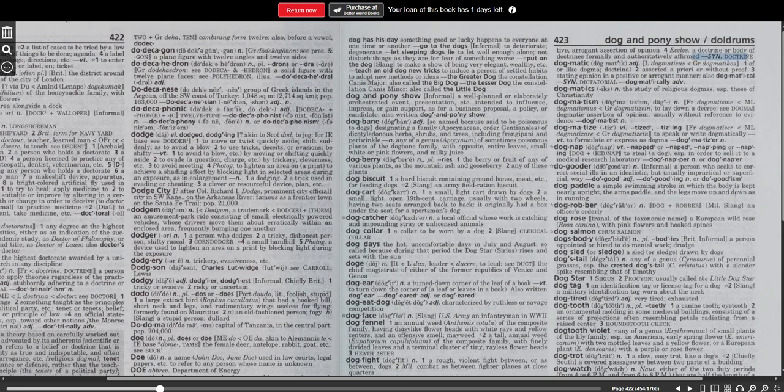Wait, let me do it like this. A document. Well, a document of. No, a doctrine. Excuse me. A doctrine of documents. Formally and authoritatively affirmed.